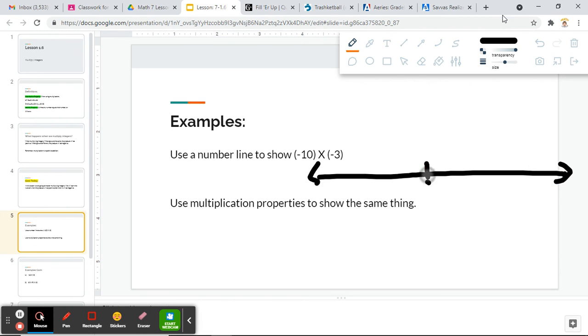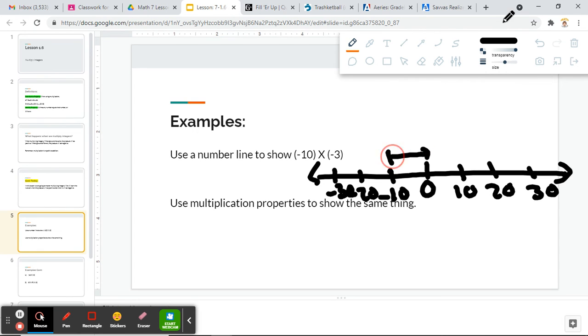So I have 0, 10, 20, 30, negative 10, negative 20, negative 30. All right, so notice we have negative 10 here, right? So if I put negative 10 on my board, I should look at it like this, right? This is negative 10, so we have 0 to negative 10 here. Remember, it's asking for 3 of those, right? So 3 negative 10s would get us all the way out to negative 30.